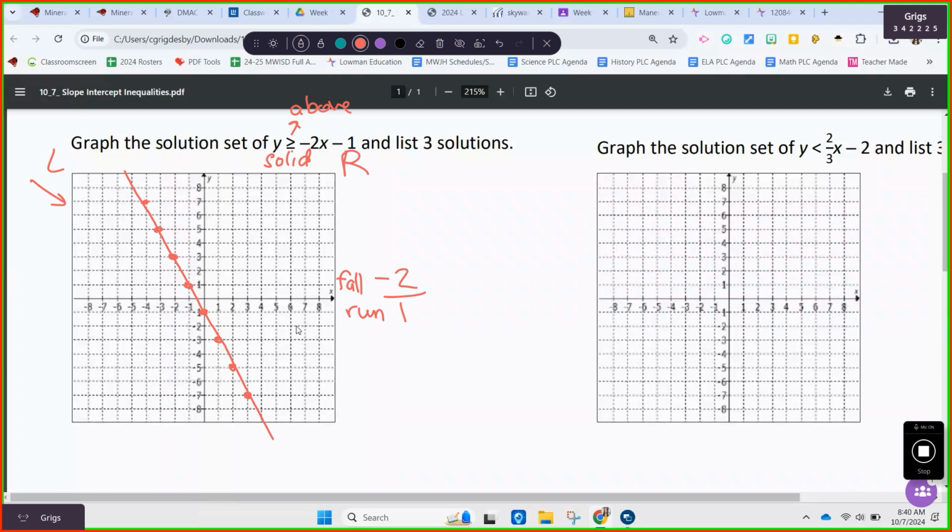Pick a dot, any dot. What's your dot? 1, negative 3. Okay, if I'm shading above, my arrows are going to point that way. I'm telling you, the arrow trick will save your life. It really, really will.